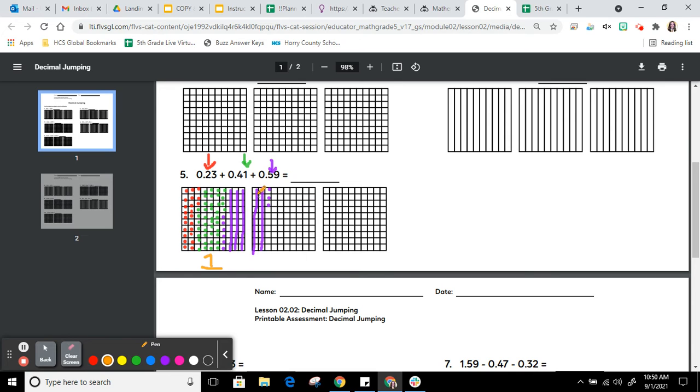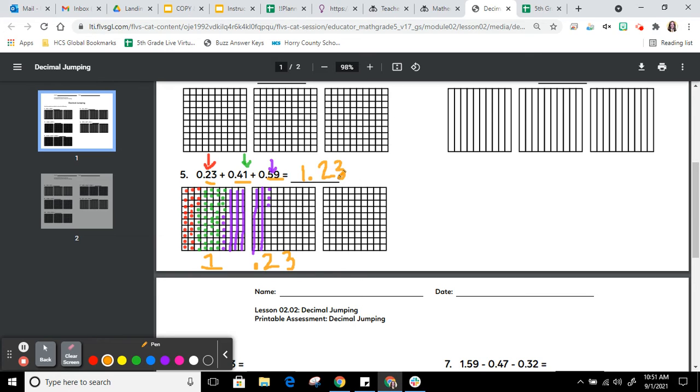How many do we have total? Well, I've got 10 in this row, 10 in this row. So that's 20, 21, 22, 23. 23 hundredths. How do I write that as a decimal? So 23 hundredths plus 41 hundredths plus 59 hundredths is 1 and 23 hundredths.